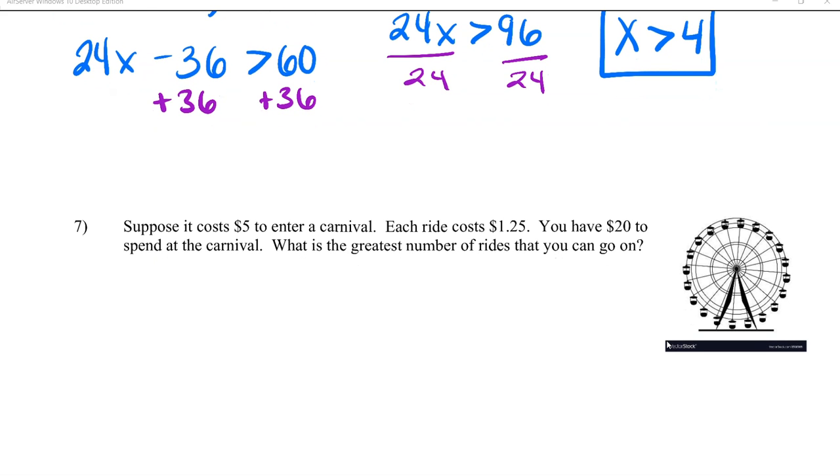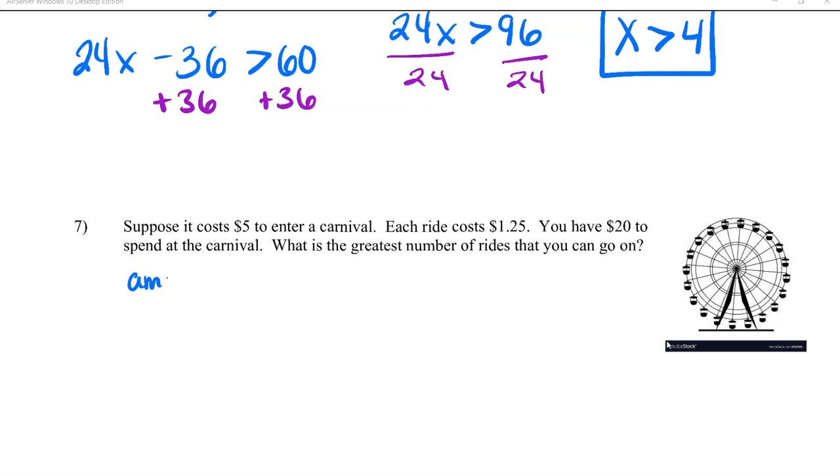Okay, suppose it costs $5 to enter a carnival. So that's a one-time fee, admission fee. After that, each ride costs $1.25. If you have $20 to spend at the carnival, we want to find the greatest number of rides you can go on. So with any kind of inequality problem where you're spending money, this rule always applies.